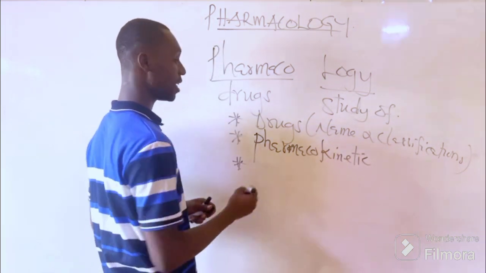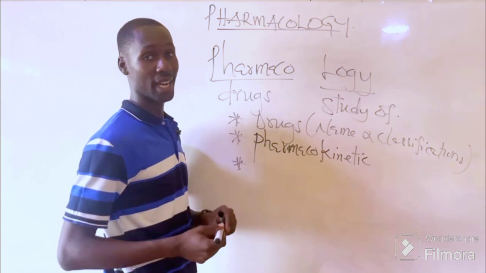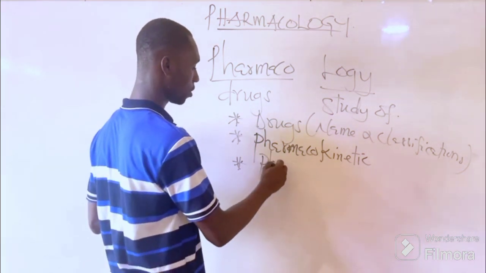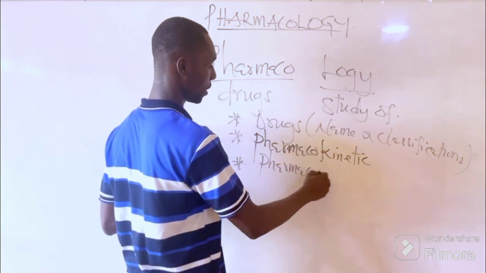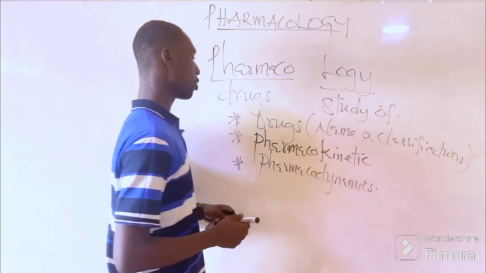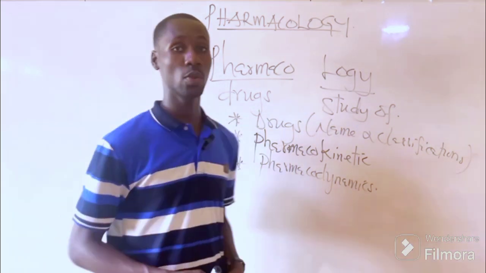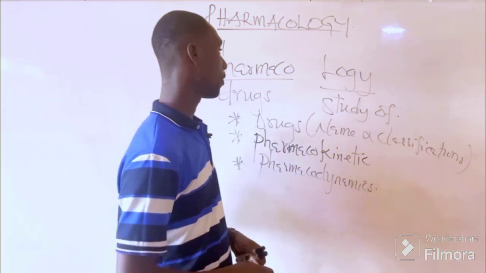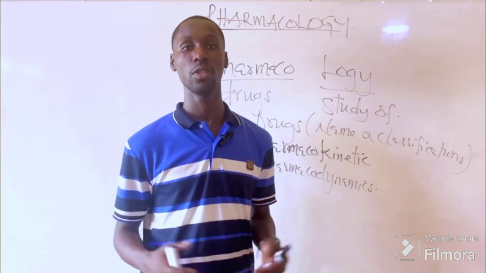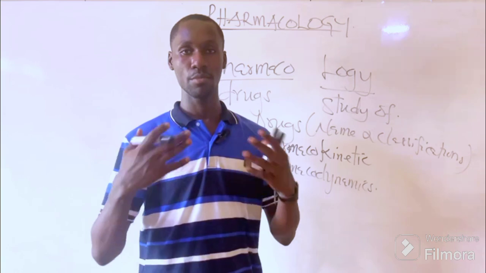Then we will look at the effects of the drug in the body, or the actions of drugs in the body. That is pharmacodynamics. So basically, these are the things that we are going to look at under pharmacology. And maybe we will talk about one or two brief histories or how drugs are prepared and all that.